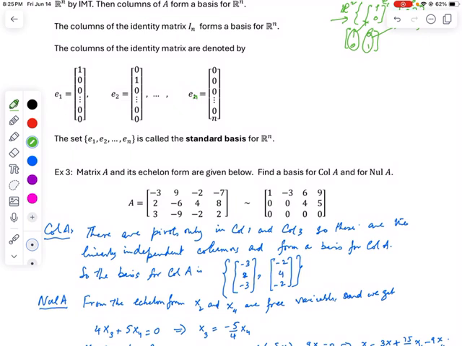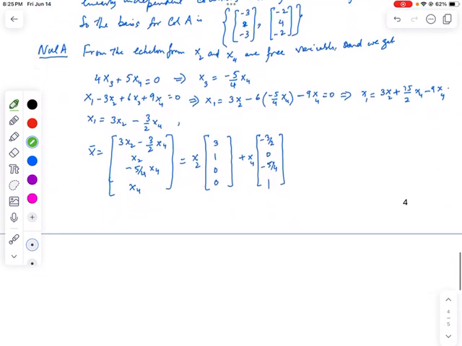If the echelon form is not given and you are asked to find a basis for Col A or Nul A, your first job is to convert the A matrix into echelon form, at least echelon form. If you want to go ahead and do the reduced echelon form, it's your choice, but basically echelon form is kind of a must. So you have it in echelon form here, and now for Col A, by the way, the basis for Col A is easy to find, less work, as you can see here.